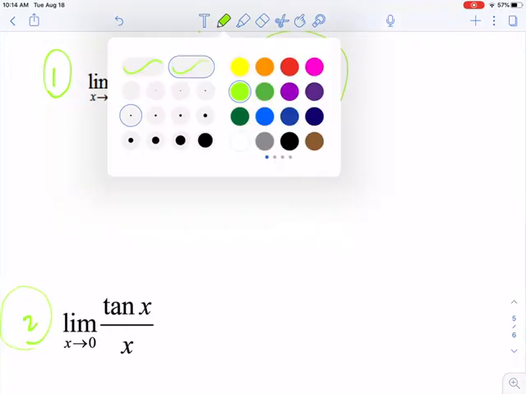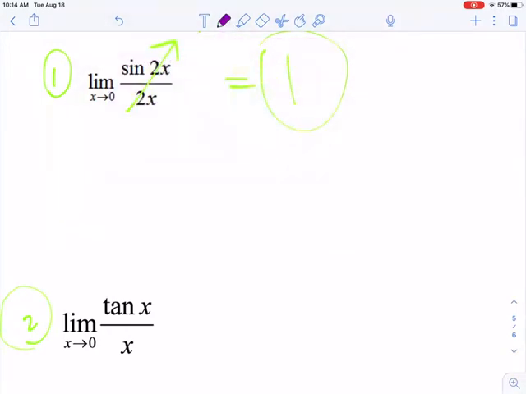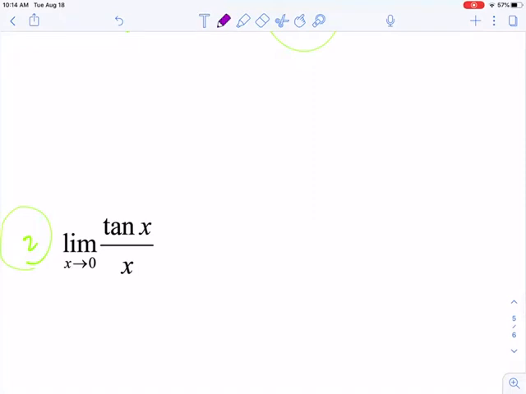Let's look at number 2. We have the limit as x approaches 0 of tangent of x over x.